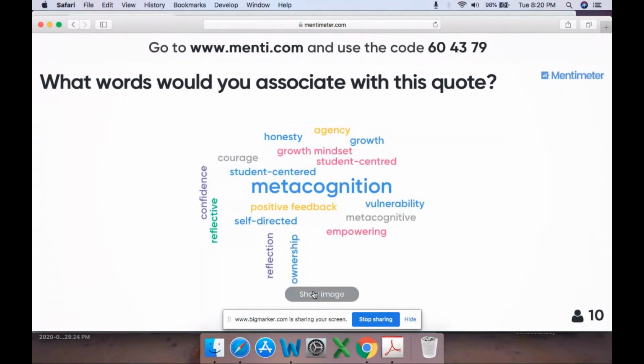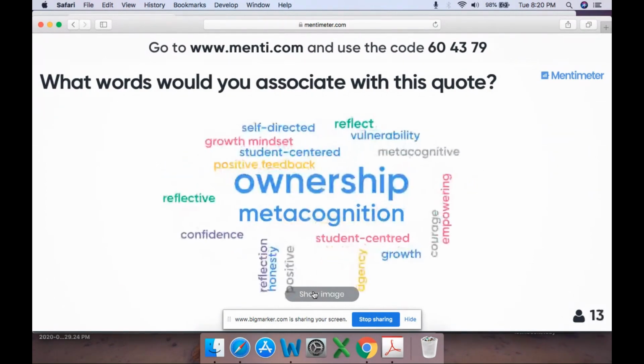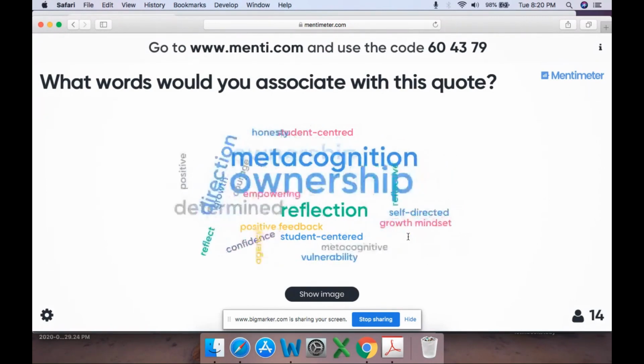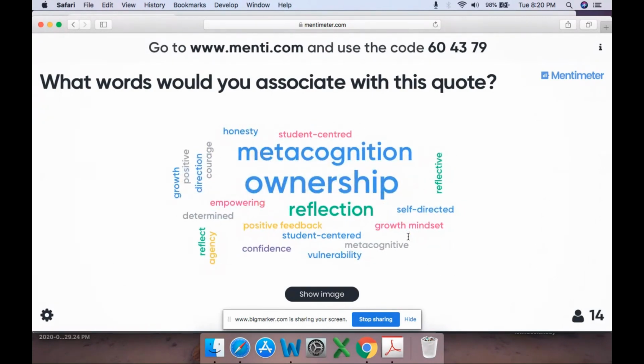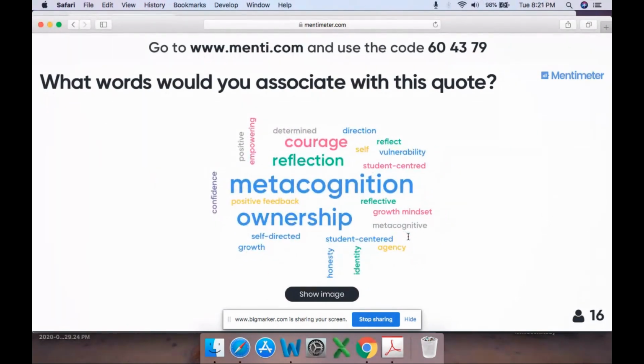Yeah, I see that metacognition, huge right there. Confidence, oh, I like that. It's great. Positive, honesty. Yeah, honesty is huge with this. Ownership. Oh yeah, these are great. Reflection. Growth, yes. Vulnerability. Yeah.